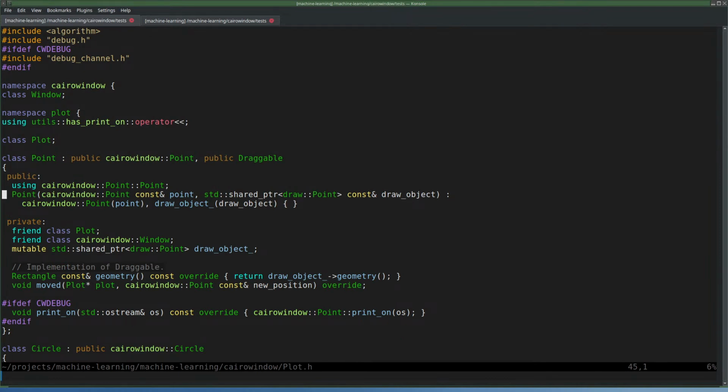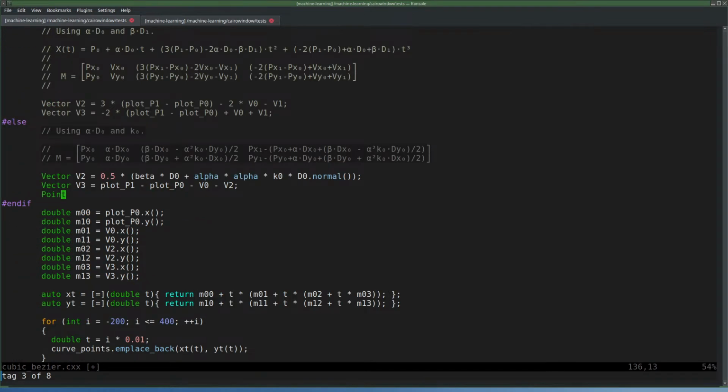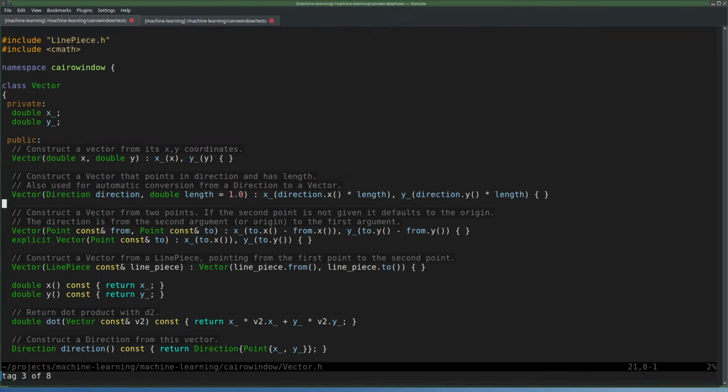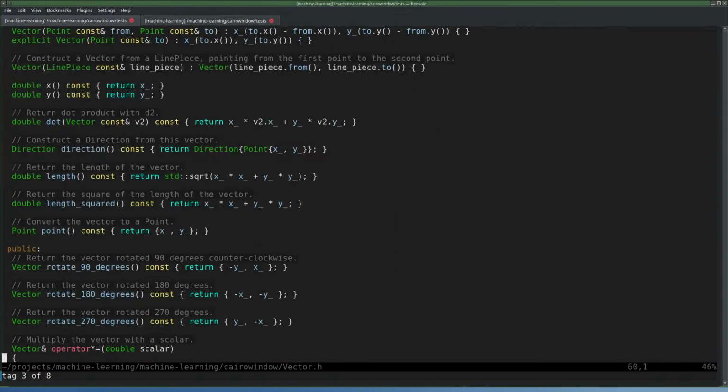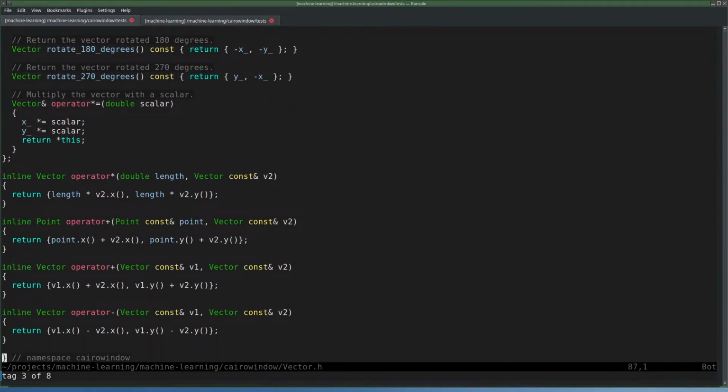Where's that defined then? So it returns a vector. 2 comma from. Yep. And then a vector minus a vector. Vector minus vector is a vector.